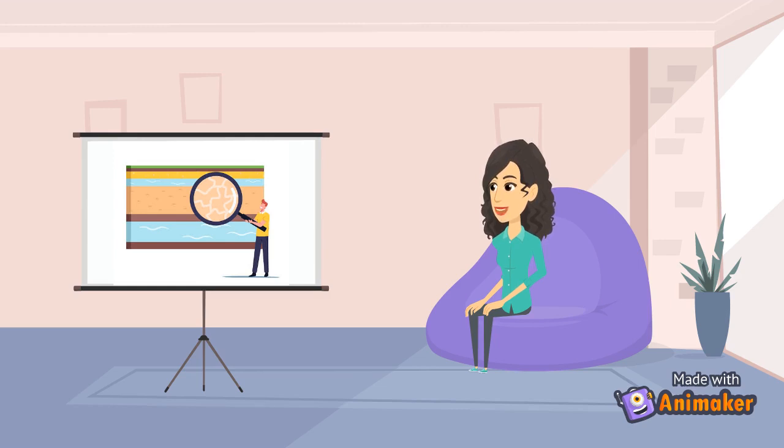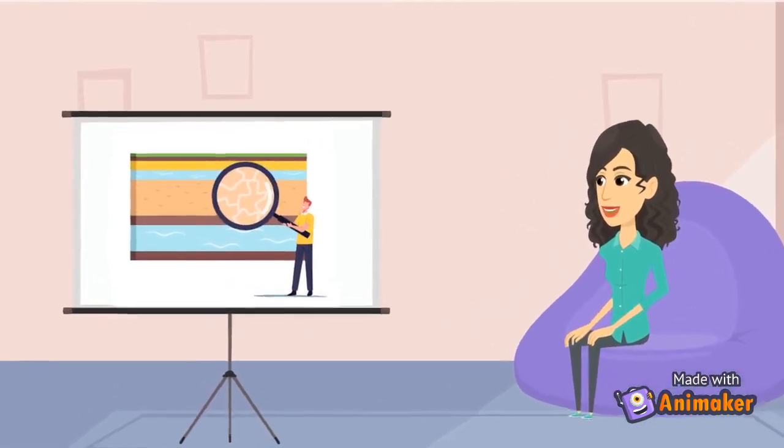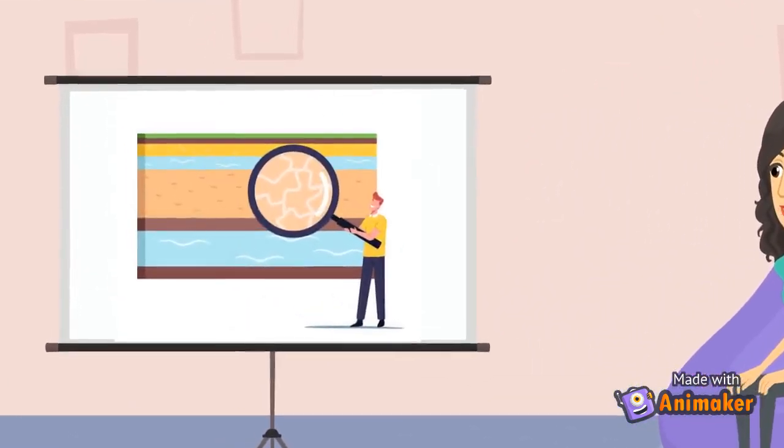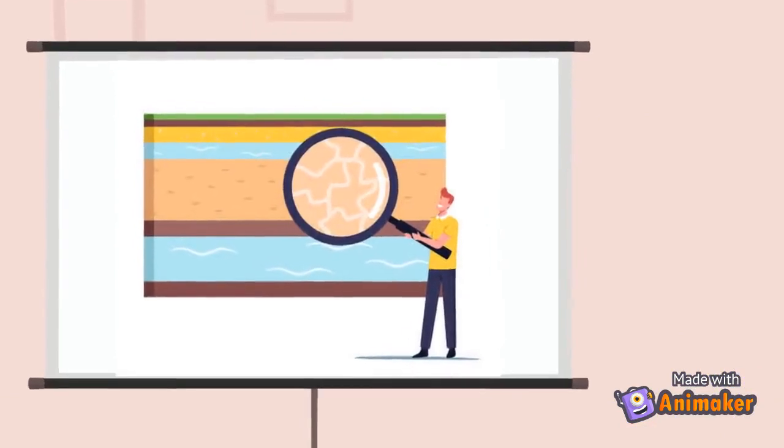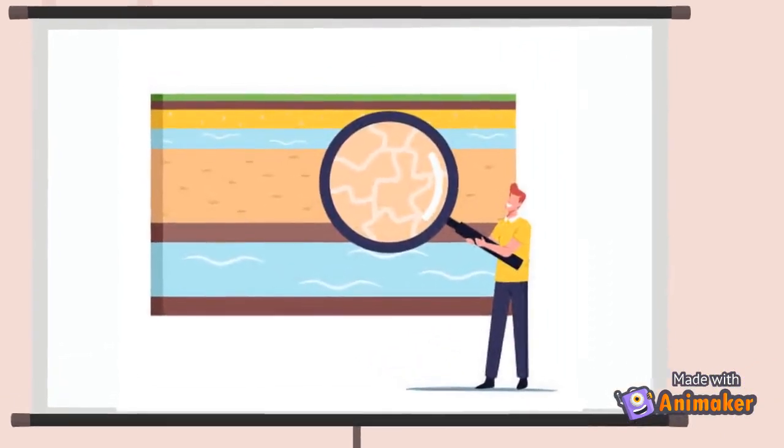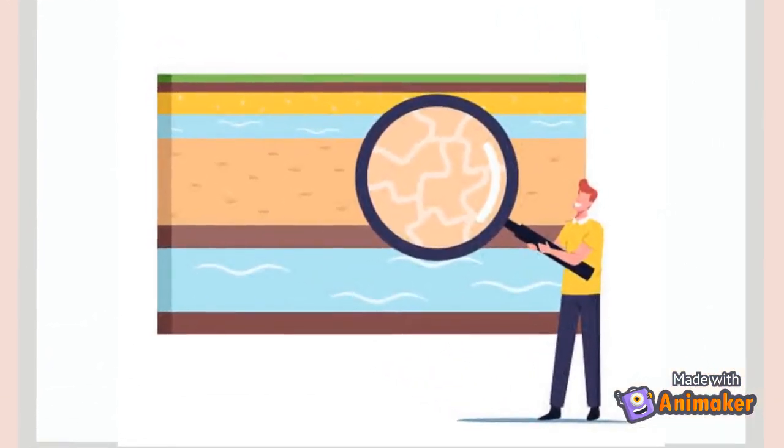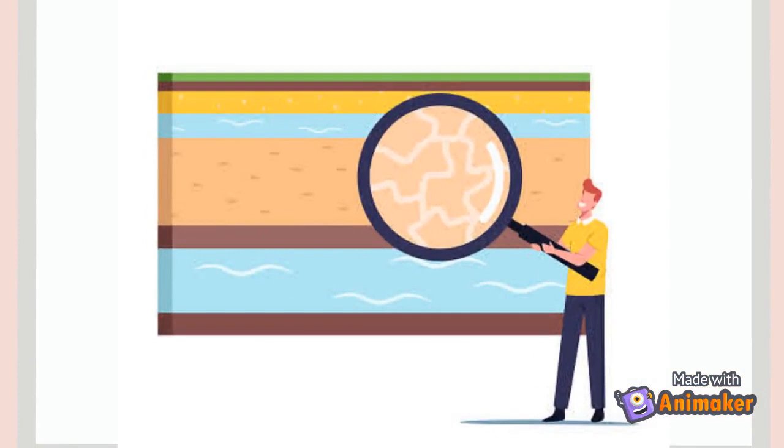These sediments are carried away by wind and rivers, and are deposited in lowlands, lakes, and ocean beds. These sediments are deposited in layers. With the passage of time, these layers harden to form rocks. These rocks are called sedimentary rocks.